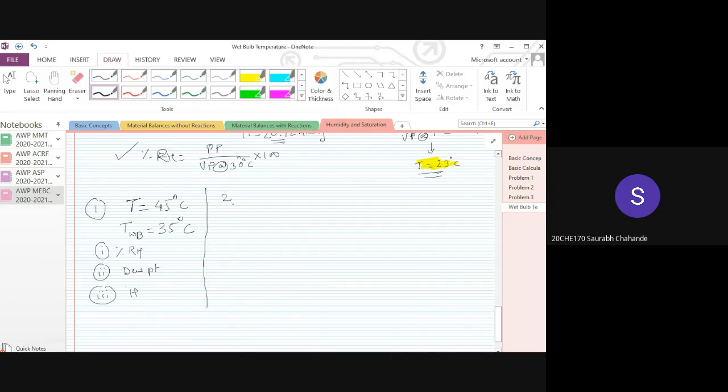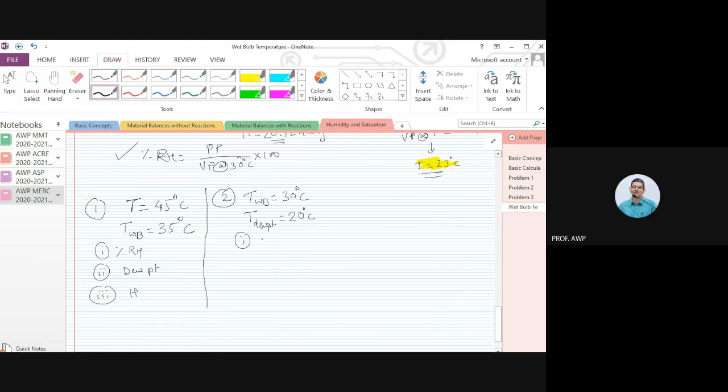Second problem. Suppose the wet bulb temperature is 30 degrees centigrade and the dew point is 20 degrees centigrade.